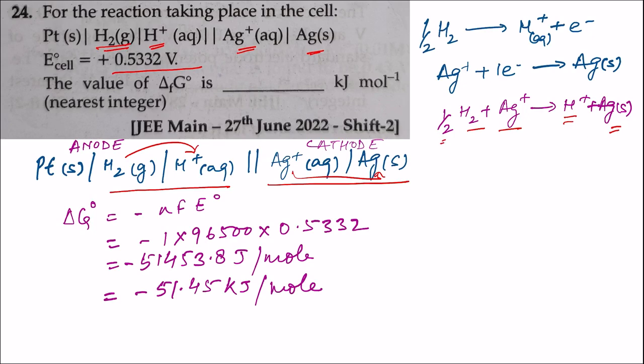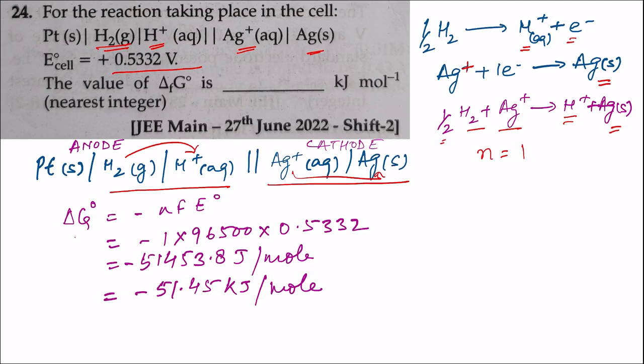Considering the individual reactions, the reaction at the anode is oxidation reaction where hydrogen changes into H plus ion giving one electron, and this one electron is accepted by Ag plus ion and it is changing into solid silver. So number of electrons involved in this reaction is 1.